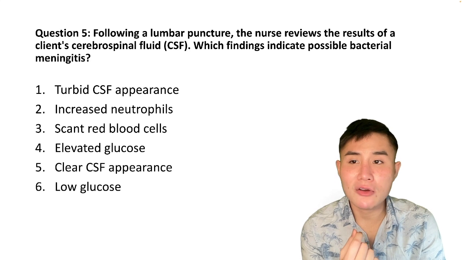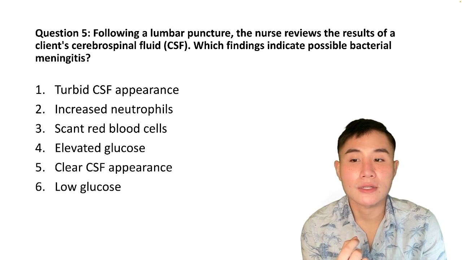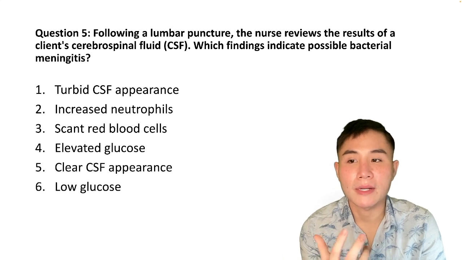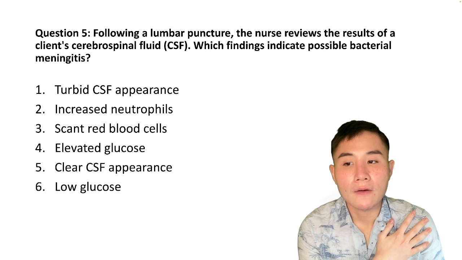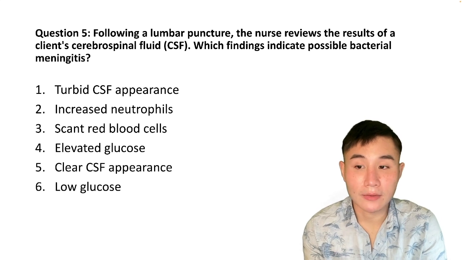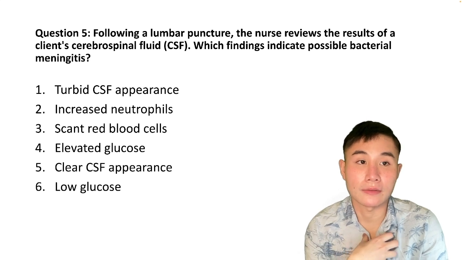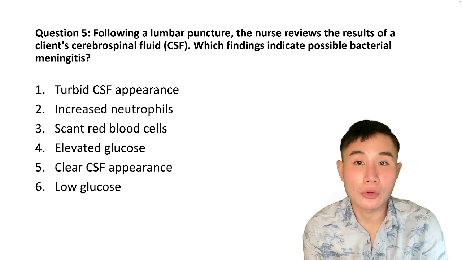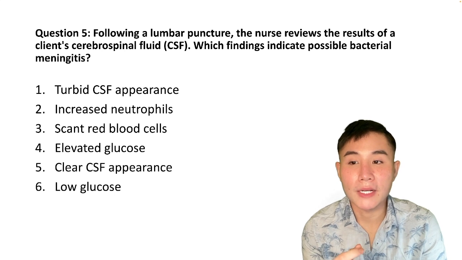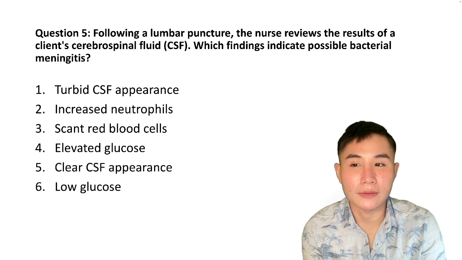Red blood cells? No. Usually CSF is clear, and there are no red blood cells in it unless there are some issues. Bacterial meningitis wouldn't have red blood cells in the CSF. Number 4, elevated glucose. I don't know, or maybe yes. But I already know this: bacterial meningitis has low glucose in the CSF, because the neutrophils use the glucose to kill the bacteria, if that makes sense.